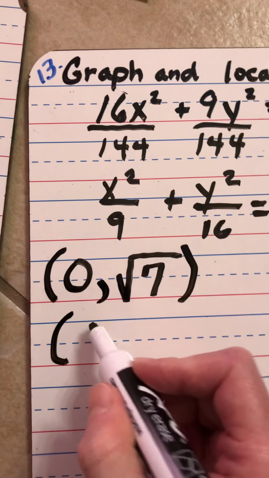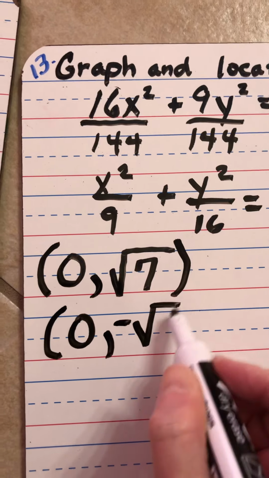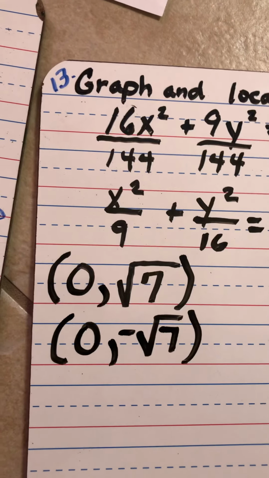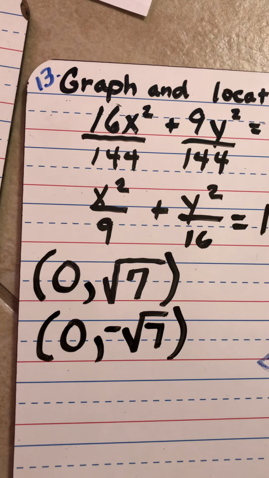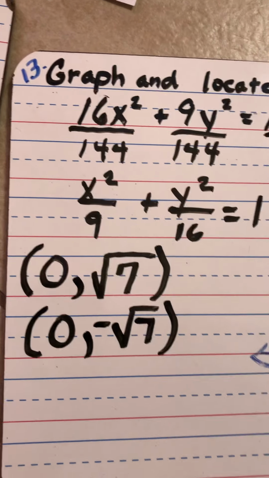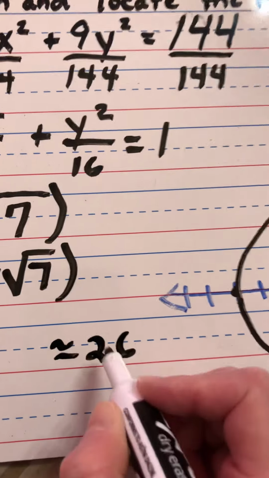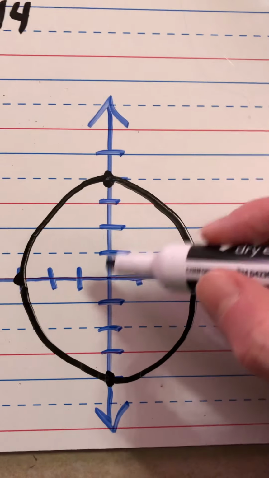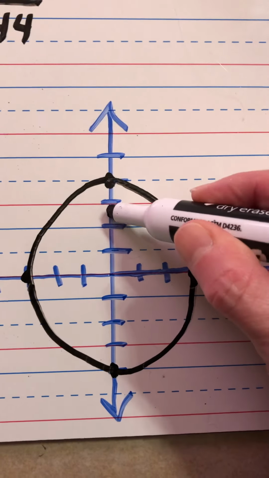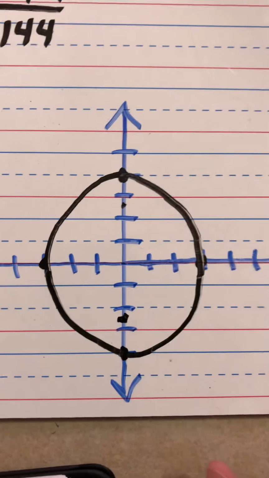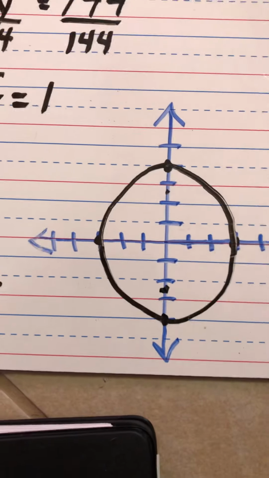So keep the x coordinate 0. So there are your foci. Then to actually locate them, go ahead and take the square root of 7, which is about 2.6. So it's about 2.6 positive and 2.6 negative. So approximately here and here will be the foci. And that's the last problem on the quiz.